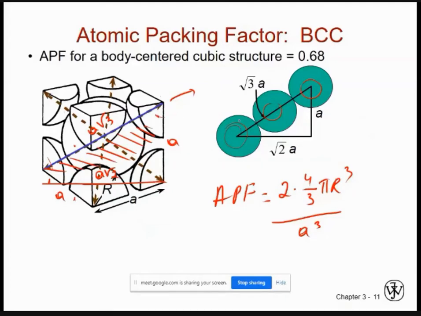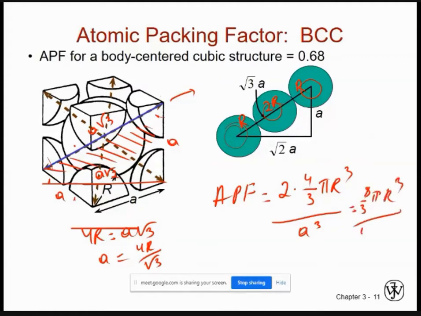So how many radii do I have? R, 2R, and 1R. That means 4R equals A square root of 3, and A is equal to 4R over square root of 3. So we can just make the replacement: πR cubed over (4R over square root of 3) cubed. R cubed will be gone, and if you simplify it, we get 0.68 atomic packing factor for BCC.